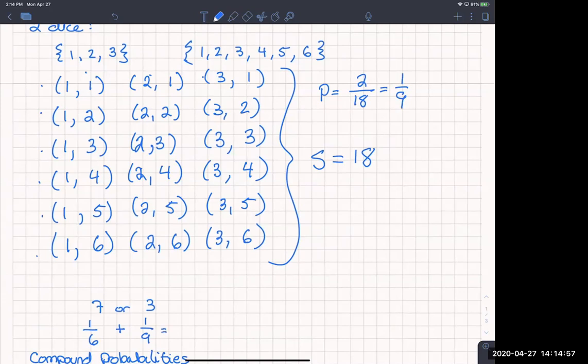Okay, so remember, how do we add fractions? We have to find a common denominator.